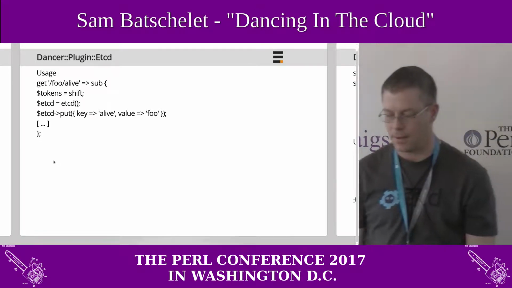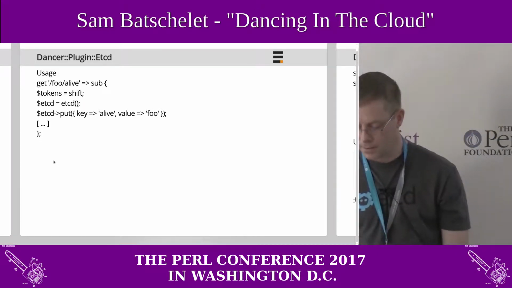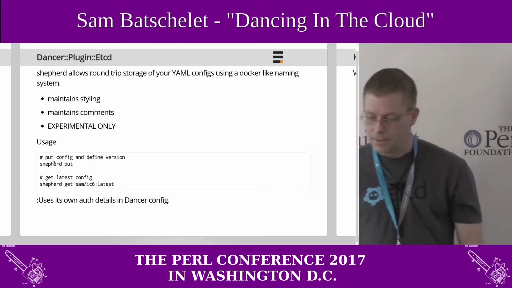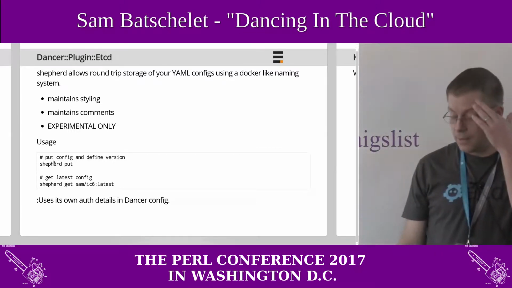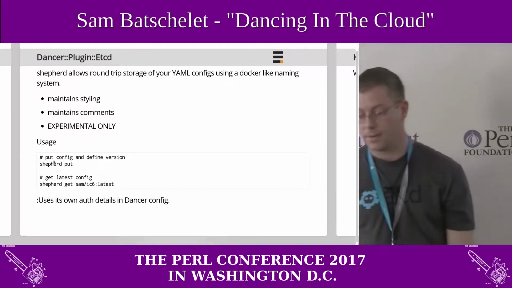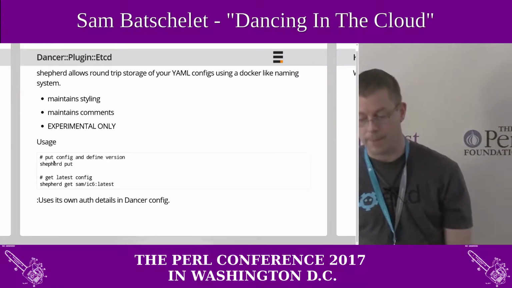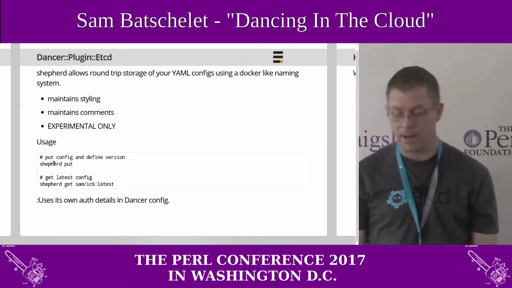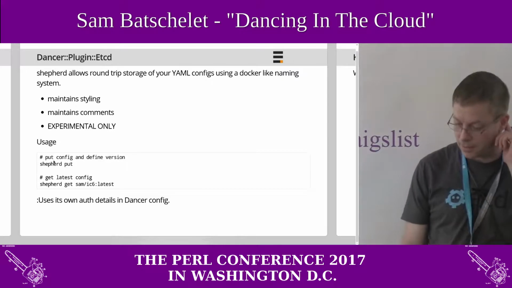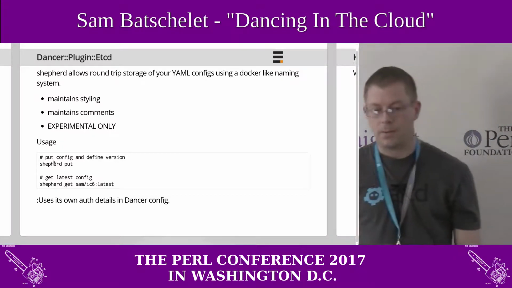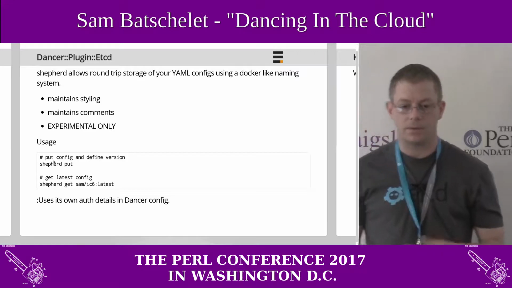Now this script actually made me declare this module experimental only, but I think it's probably the coolest part of the module, and I'll probably break out the logic into its own module. Basically, it'll store YAML on the line level in the key value for Etcd.